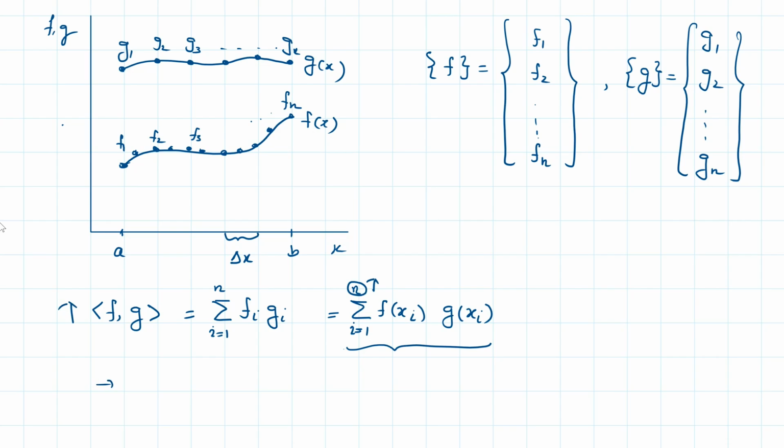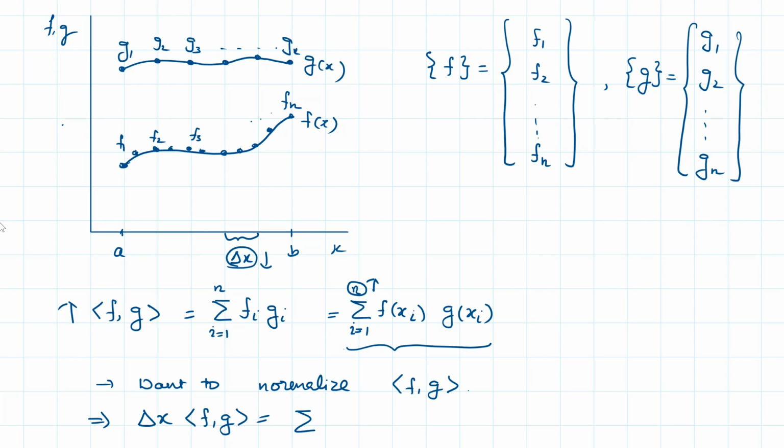So we want to normalize this value. Notice that as we increase the number of intervals, the size of the interval decreases, so it makes sense to normalize with the size of the interval. Normalizing with delta x, we simply multiply the inner product by delta x.